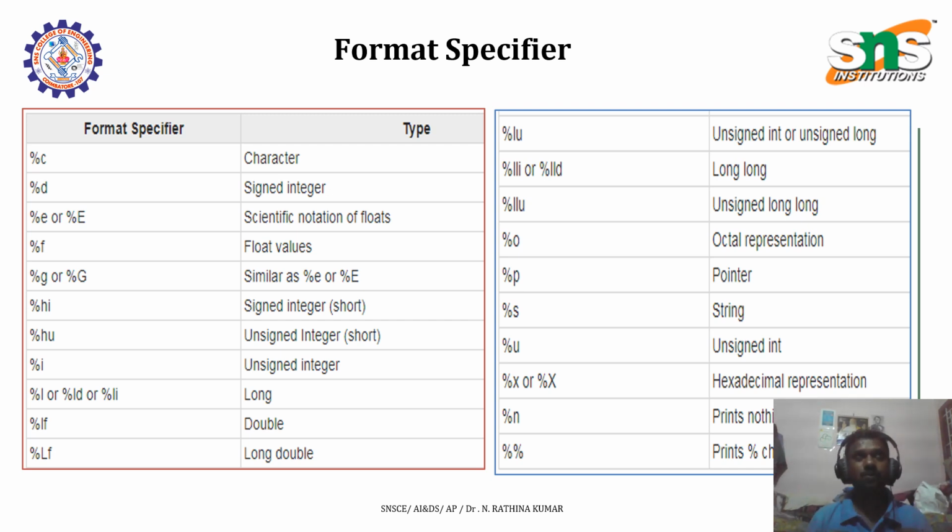If you want to display any integer value to the user, you must mention %d in the printf statement. If you want to display float values, you need to mention %f. Similarly, if you want to display a character to the user, you have to mention %c. Once you learn the basic C program, we can easily understand these things.